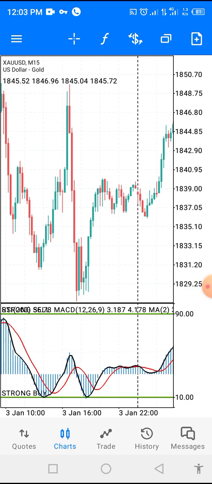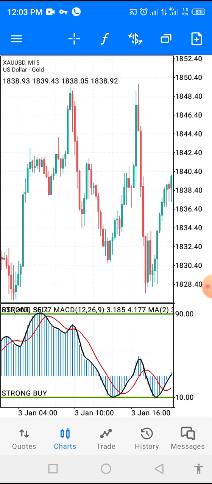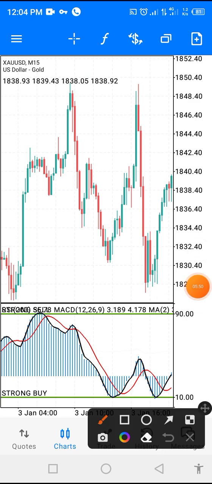Whenever the MACD comes to the level 10, always pay attention to your charts and always pay attention to the MACD. As you can see from this level right here, the MACD and the moving average are under.